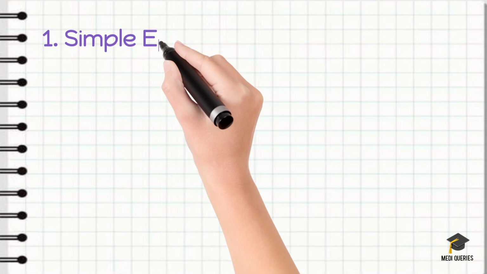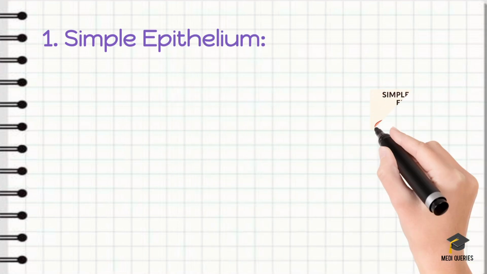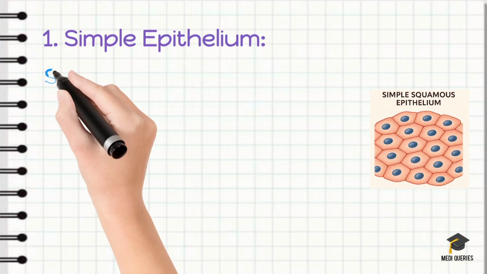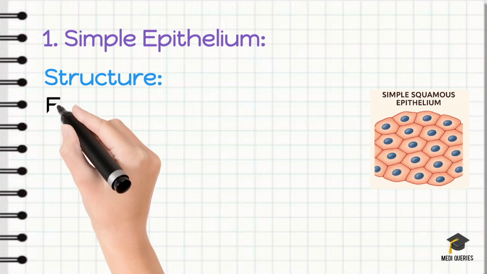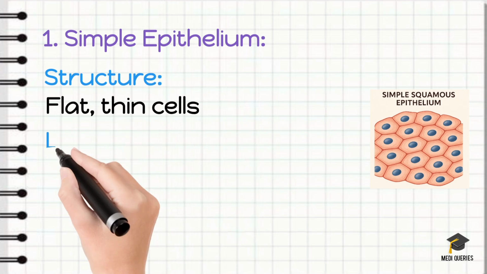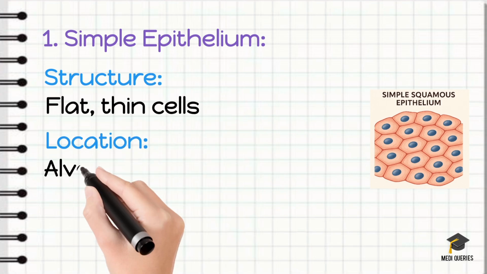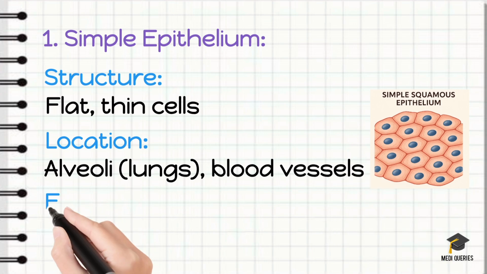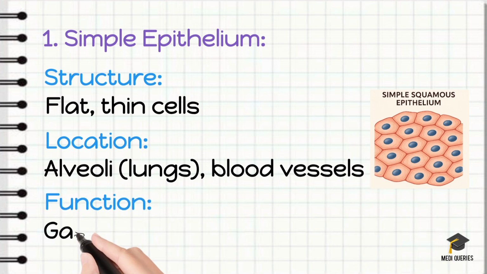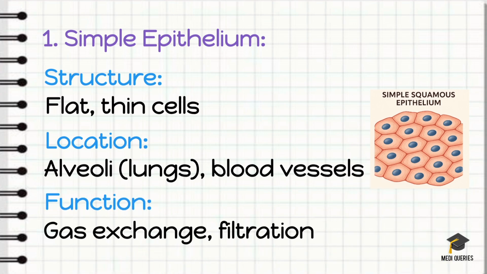First start with the simple squamous epithelial tissue. Coming to the structure of this tissue, it has flat and thin cells which are arranged on the basement membrane. Coming to the location, it is mainly located at the alveoli and the blood vessels.